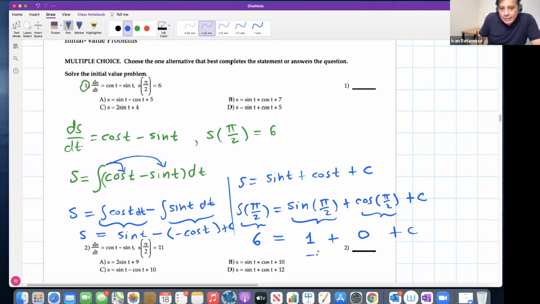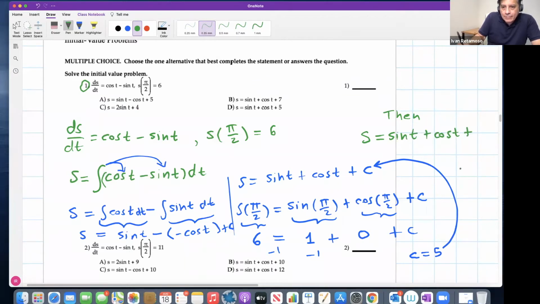Subtracting 1 on both sides, c equals 5. We found the value of c, so right away, put it here. Then my function is completely determined: sine of t plus cosine of t plus the value of c, 5. I figured out the function. That's it.